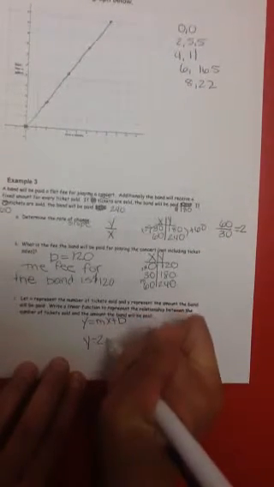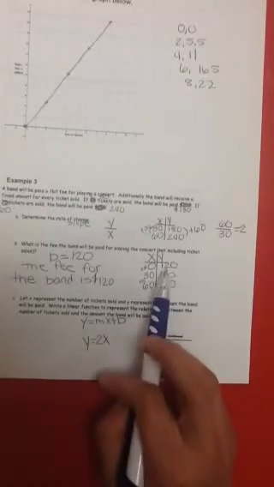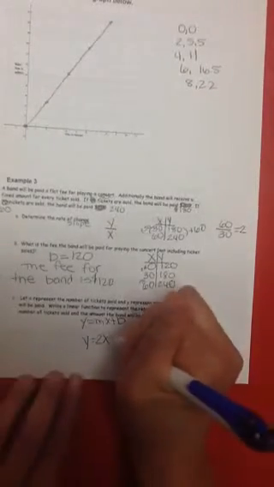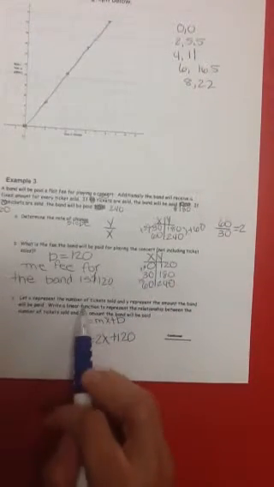So instead of m, we put 2. We always put an x behind the slope. And we also know that just to show up, the fee for the band is $120. We know that's our y-intercept because y is always across from when x is 0. So we have plus 120. When it says write a linear function, it means write the equation.